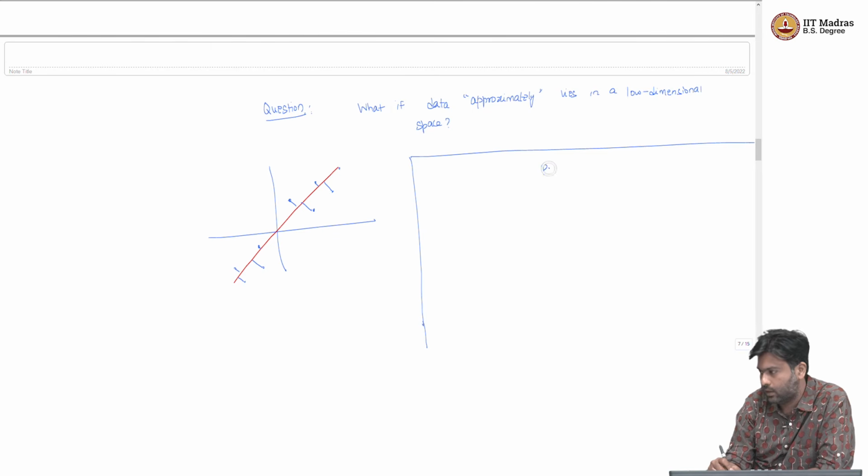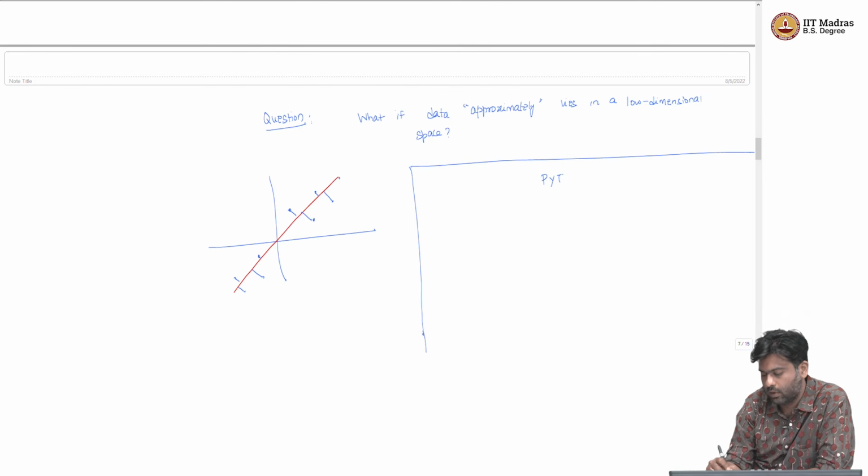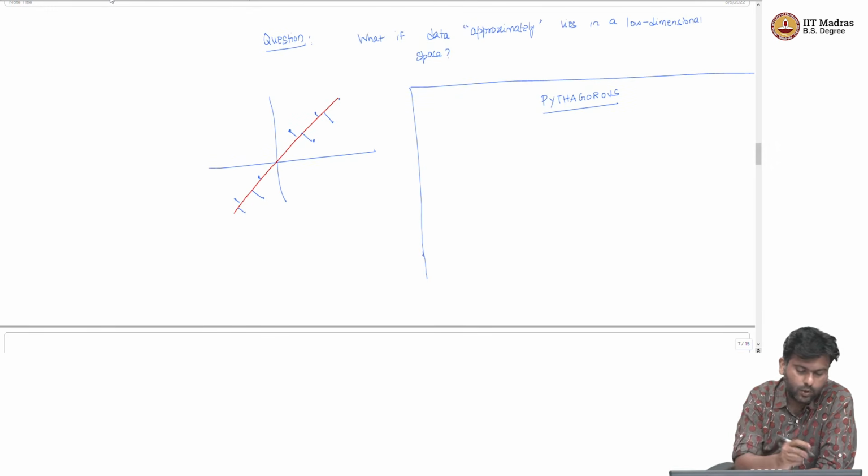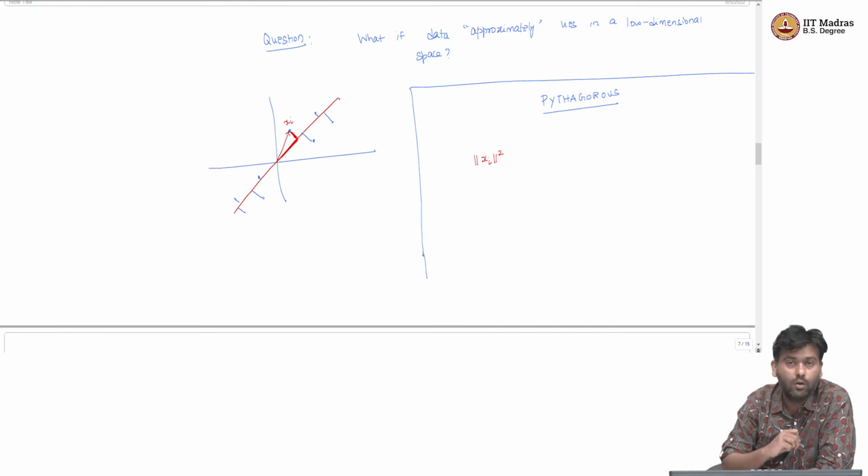So, here let us look at the Pythagoras theorem. Let us take any data point, and look at its length, maybe some data point xi and then its length. Well, by Pythagoras, this length is the sum of the lengths of its projection onto any line, not just the best line, any line, plus the error vector's length, right.